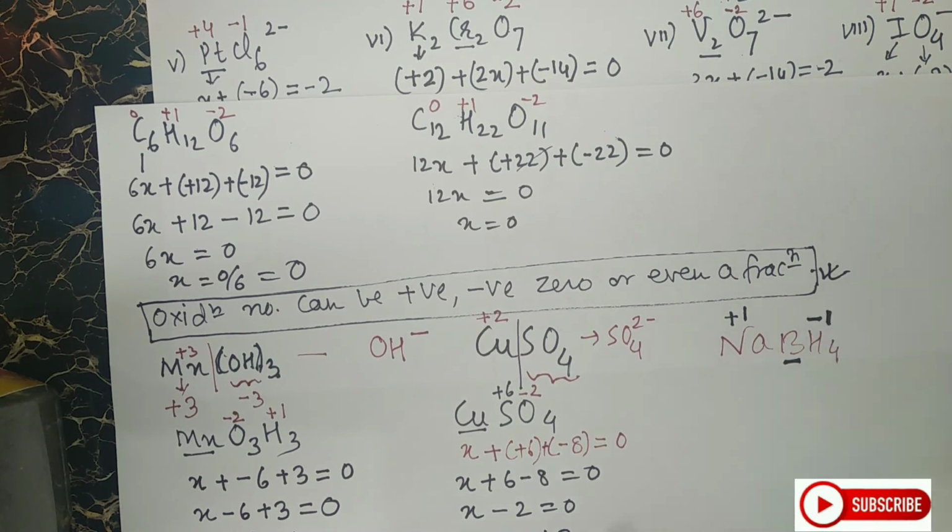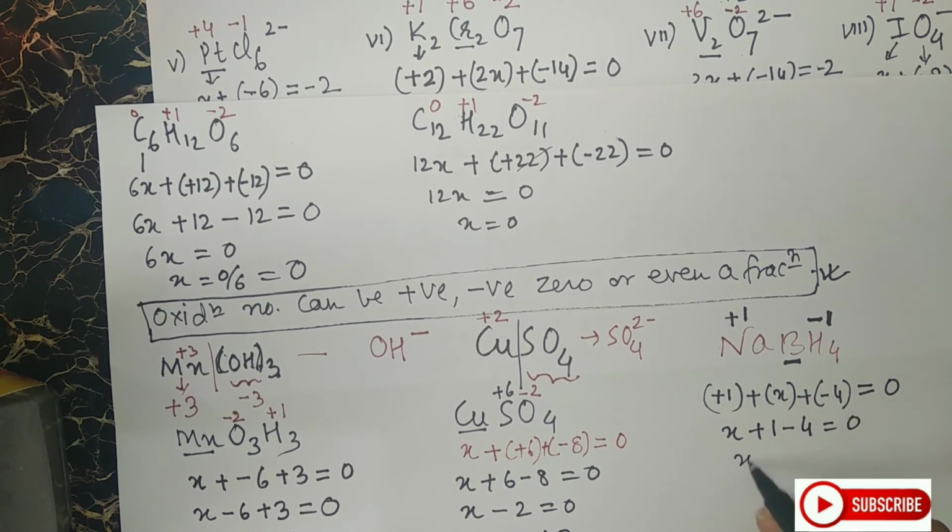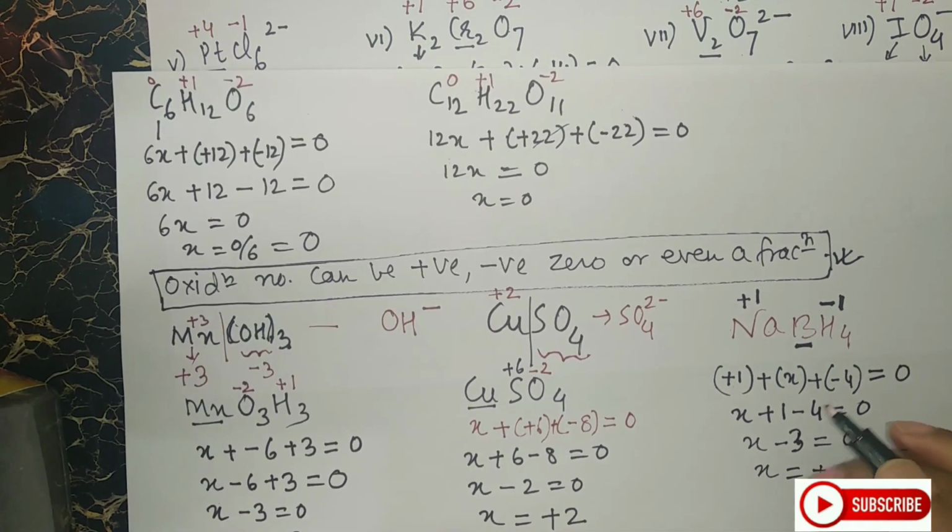Hydrogen is -1. As the molecule is neutral, total must be 0. So let us make the calculation. This will be +1 plus X plus -4. So X plus 1 minus 4 is equal to 0. X minus 3 is equal to 0. So X is equal to +3. So here boron will exhibit +3 oxidation state.